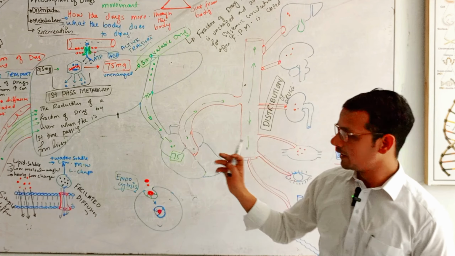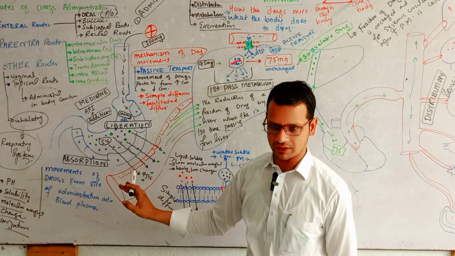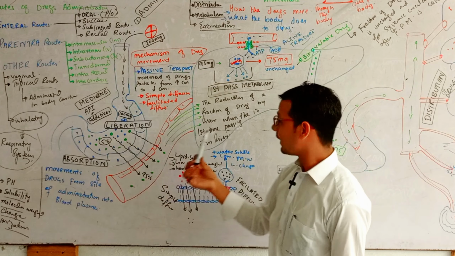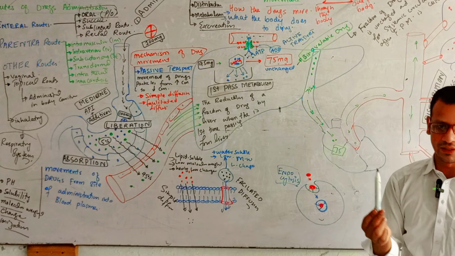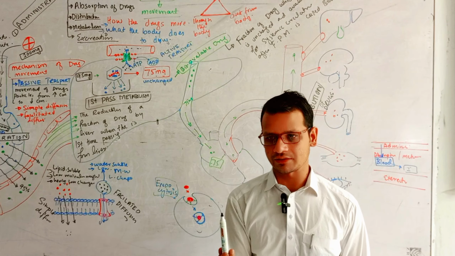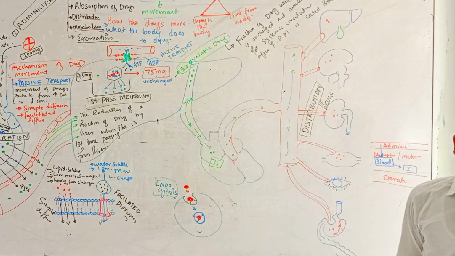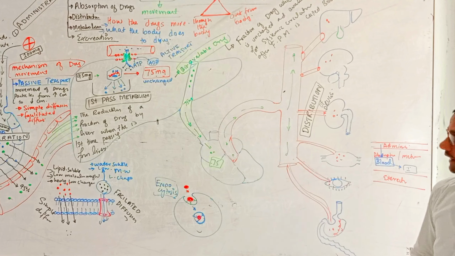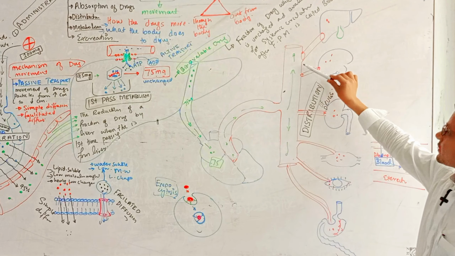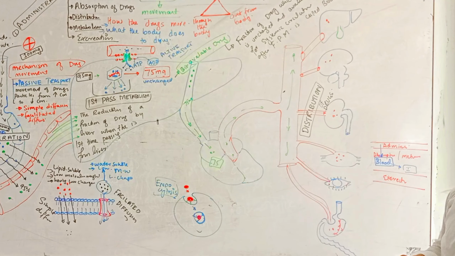In absorption, we will discuss the factors affecting bioavailability, half-life, etc. In metabolism, we will discuss first order kinetics, zero order kinetics, and second order kinetics, right? In distribution, we will discuss volume of distribution, right? So this is the distribution process by which the drug is distributed into different parts of the body.